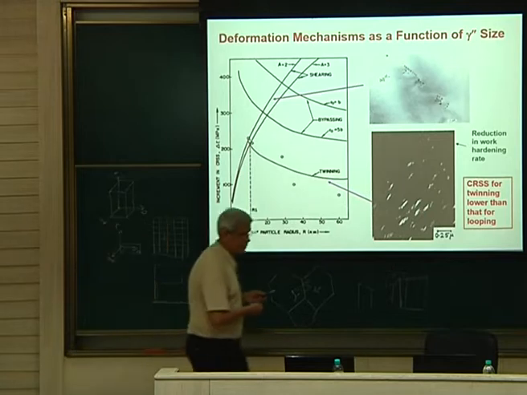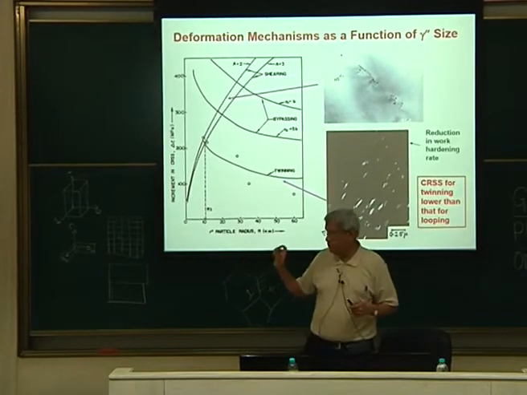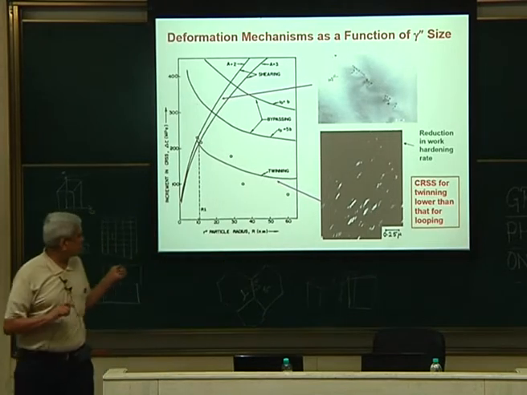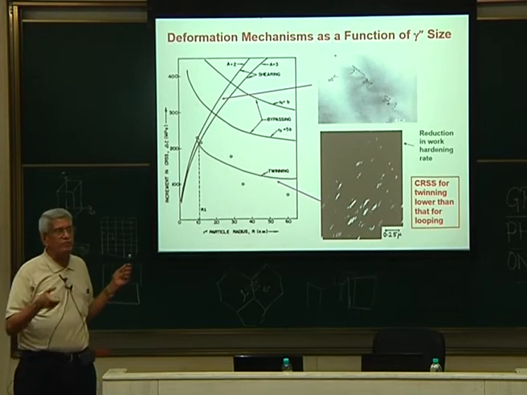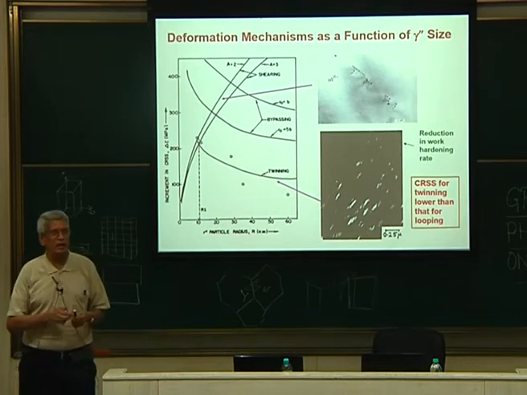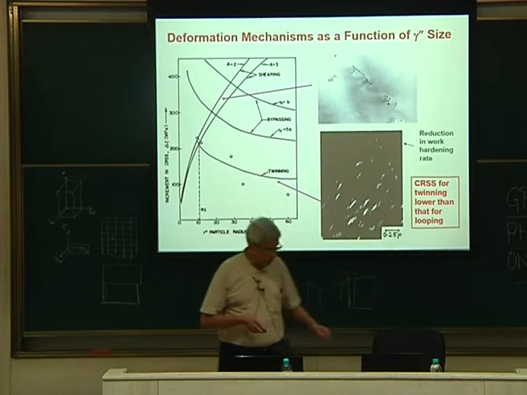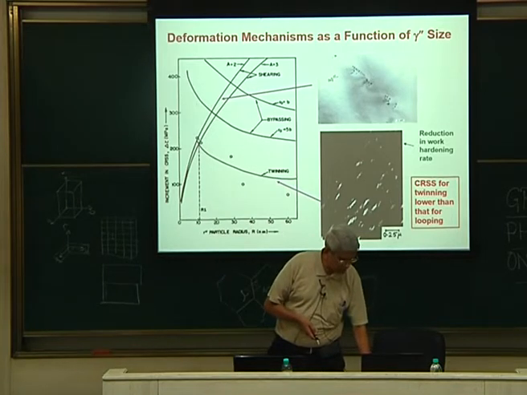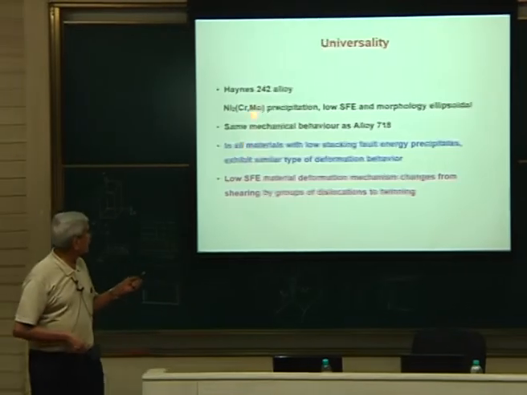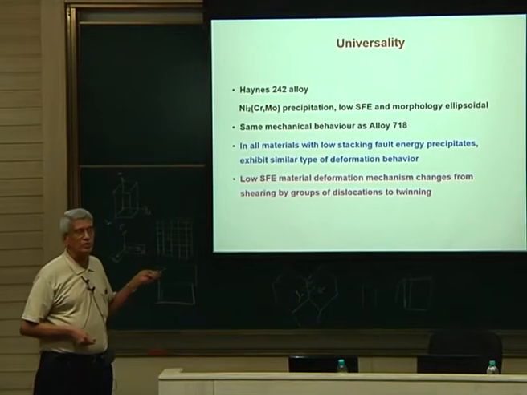Clear? Okay. So when this was proposed, it was published, I think in '88, in Acta Metallurgica. Afterwards, in another alloy system, to check whether it is a universal phenomenon or not, a group from the University of Cincinnati did work on Haynes 242 alloy, which is a corrosion resistant alloy.